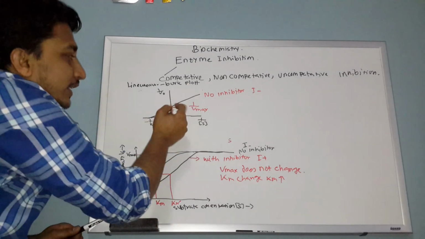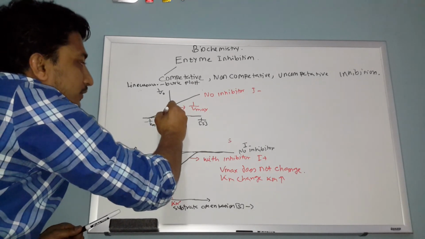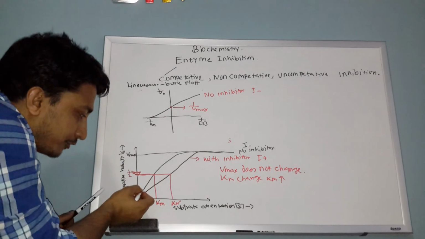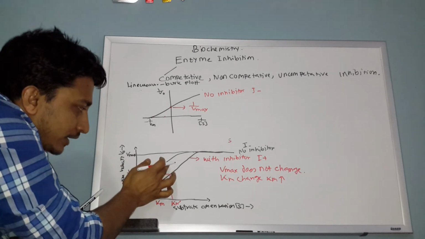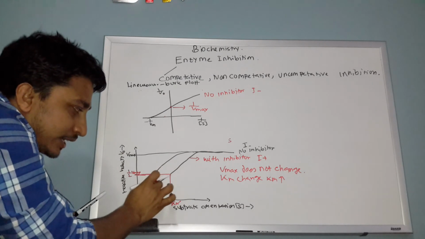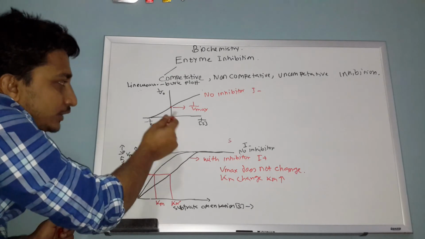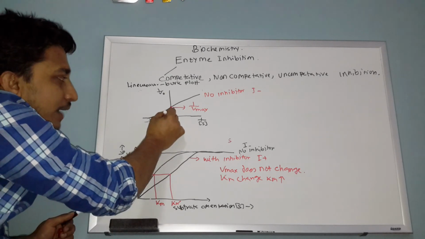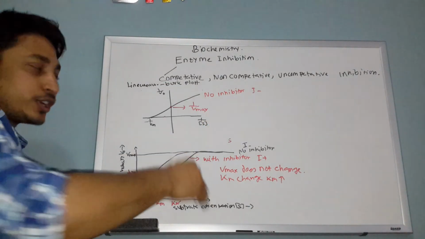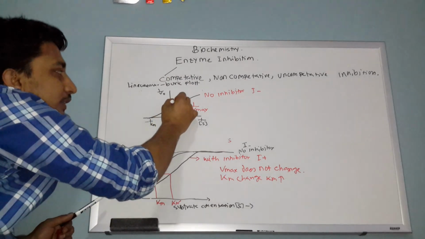Then if it is 1 over this one, that means it's going to be higher, right? Before, with no inhibitor, and with inhibitor, this one is a little bit lower. You see the curve is a little bit lower than this one. So if it is lower, it's going to go up because it's a reciprocal. That's why this one goes up like that.